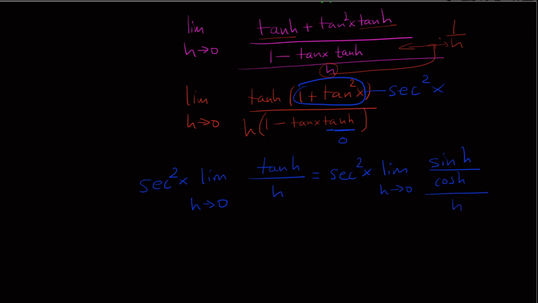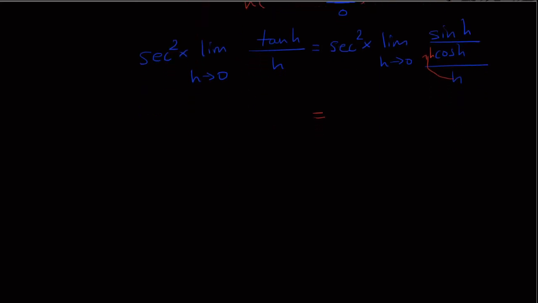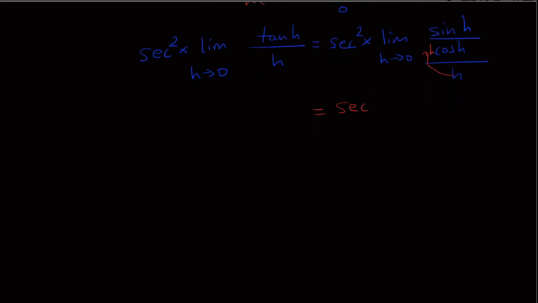And again, because we're dividing by h, it's the same thing as multiplying by 1 over h. So the h could just come up here in the denominator. So we'll have secant squared x times the limit as h approaches 0 of sine h over h. And then I'm going to break up the cosine as 1 over cosine of h.